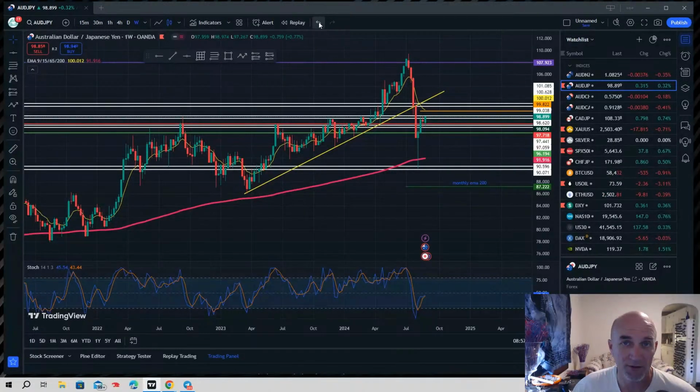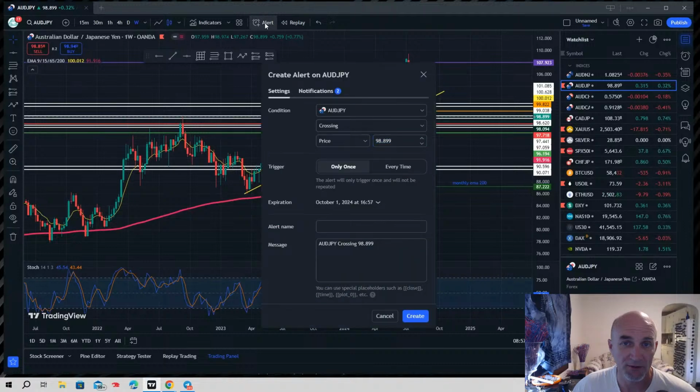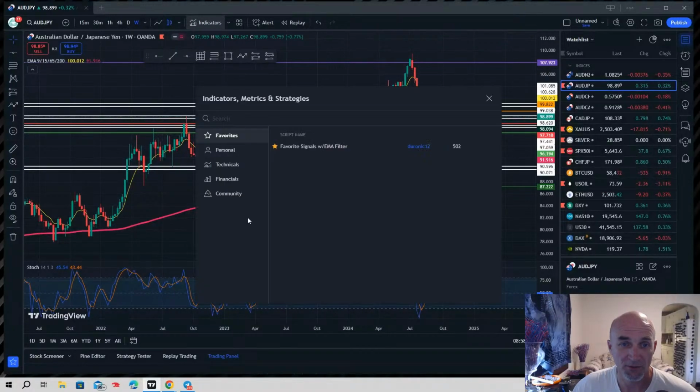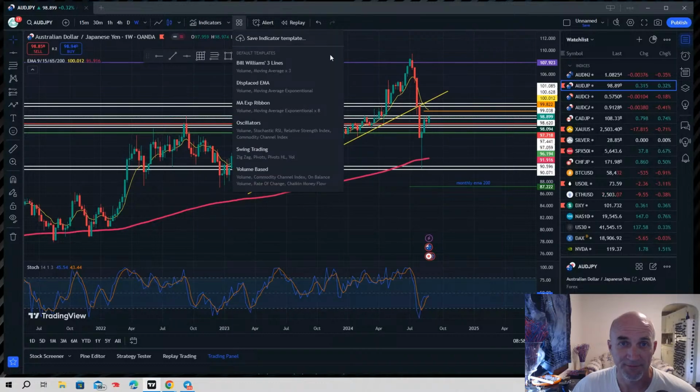Again, you can add and delete these as much as you want. You can set alerts for when the price is going to cross a certain line. You can set up different indicators. There's just so much. There you go. You got people's templates saved in here.